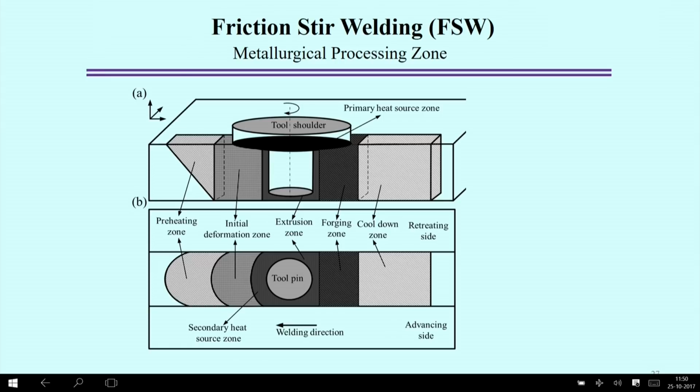Looking at the rotational direction of the tool material, clockwise or anti-clockwise, and at the same time the welding direction, we can define the advancing side and the retreating side. Based on this, the mechanism exists in the different zones.